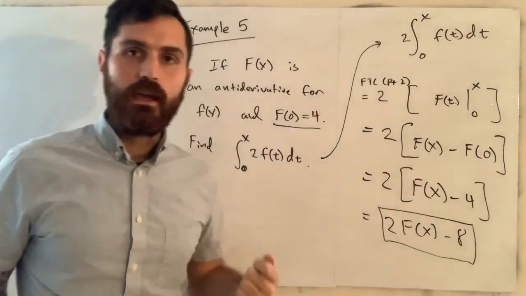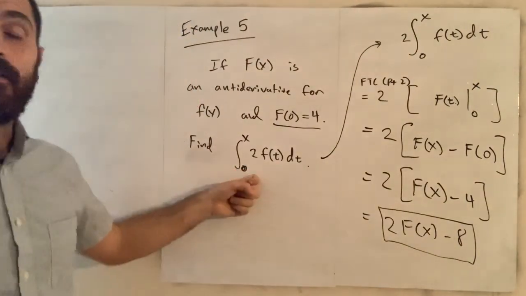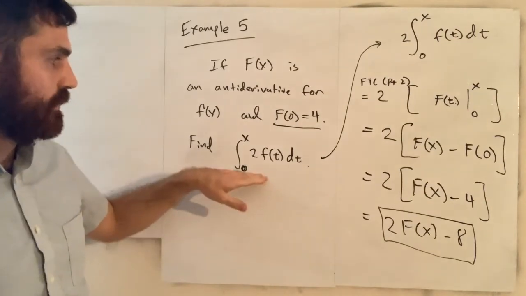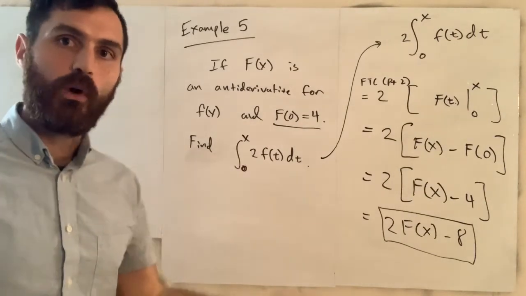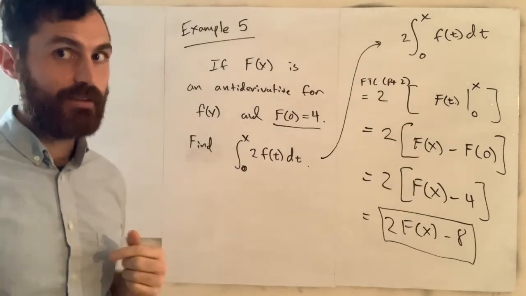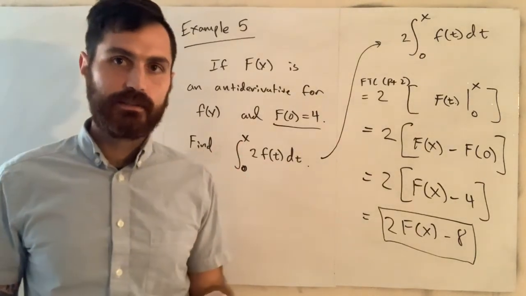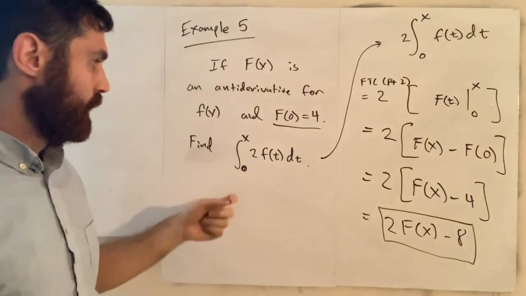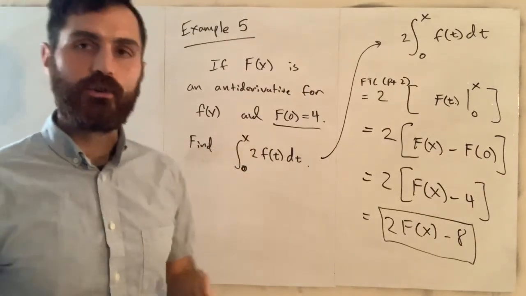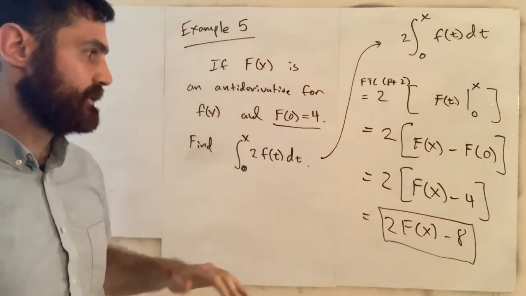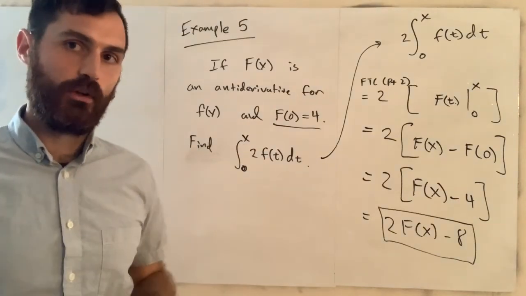So one thing to keep in mind here is this is not an indefinite integral. It's one of those kind of in-betweens. It's not a definite integral. It's not an indefinite integral. In this case, we're treating x as a variable, and we want to know what this function looks like in terms of the given stuff, what the specific function looks like.